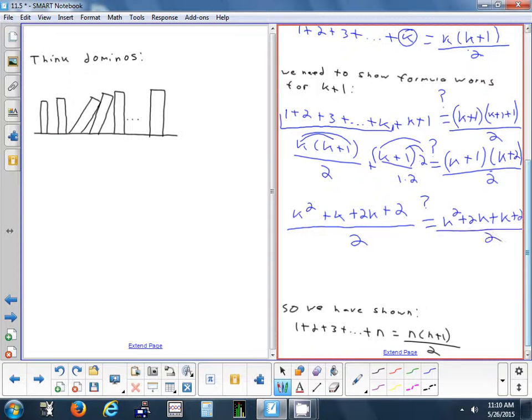Lastly, just combine your like terms, and that'll show that what's on the left and the right is the same. It's k squared plus 3k plus 2 divided by 2. And on the other side, it's also k squared plus 3k plus 2.